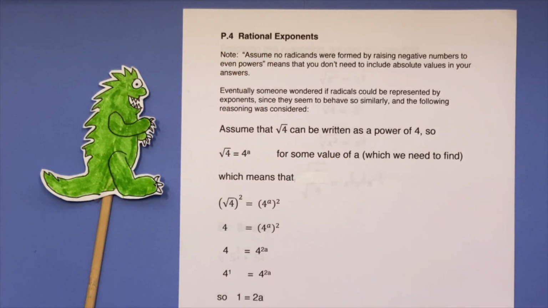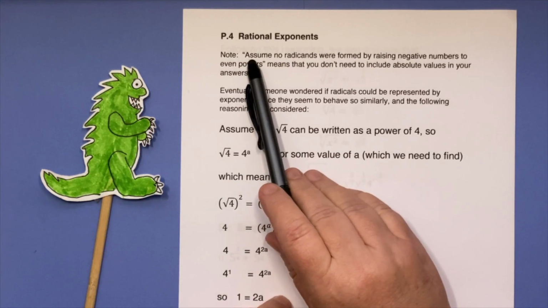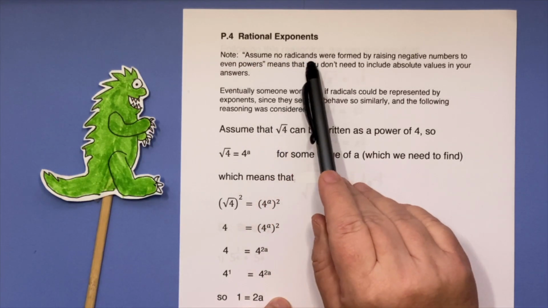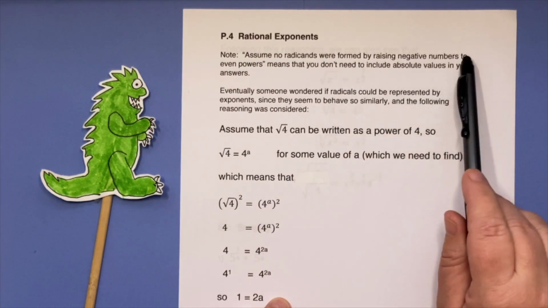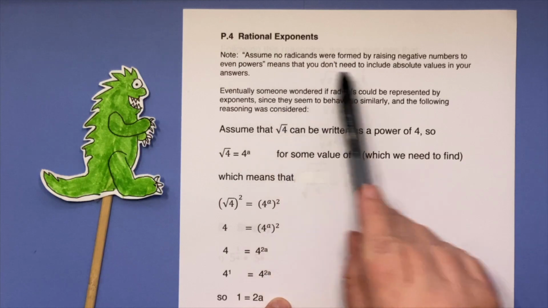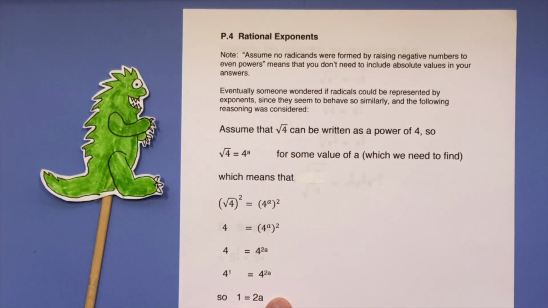And we're going to start right off with a horrible note, which is actually going to make things a lot better. So, this quote says, assume no radicands, that's the stuff inside a radical, were formed by raising negative numbers to even powers. Means that you don't need to include absolute values in your answers.